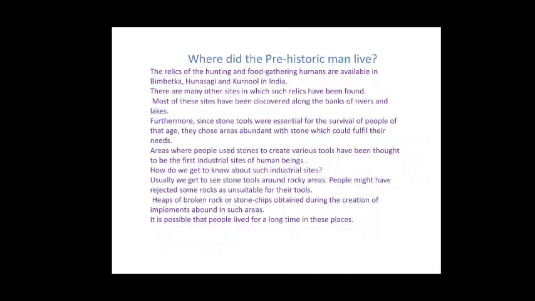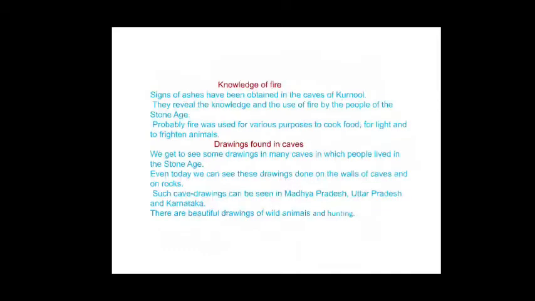Children, at prehistoric industrial sites we see stone tools around rocky areas. Where there is a rocky area, only stone tools are available. Many residential and industrial areas have been identified, with lots of stone tools and heaps of broken rock.